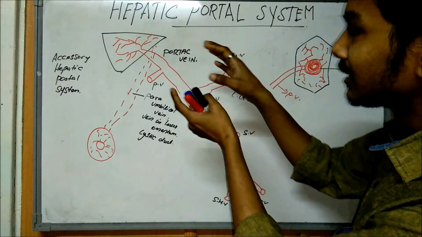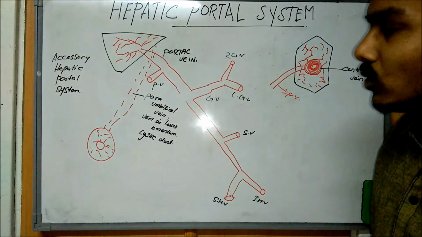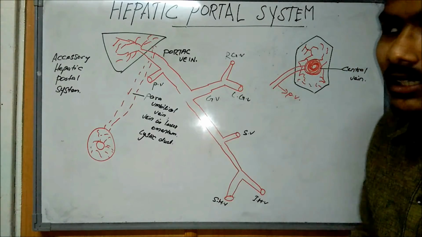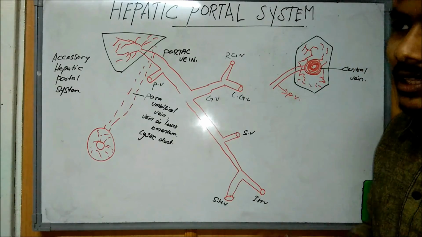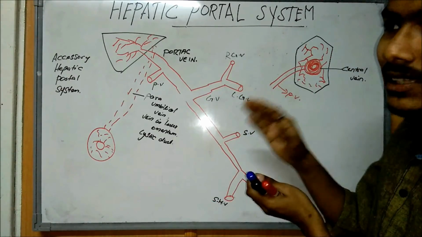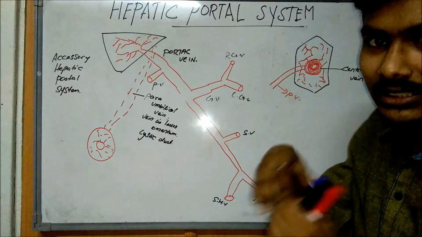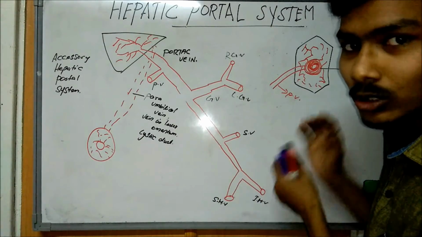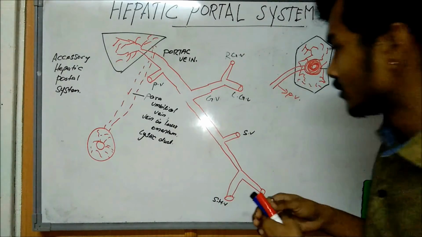So these liver cells will check out the content which is present in the blood. So it will first enter into the liver cells, and then it will check if it is a toxin, so it will detoxify the toxin.